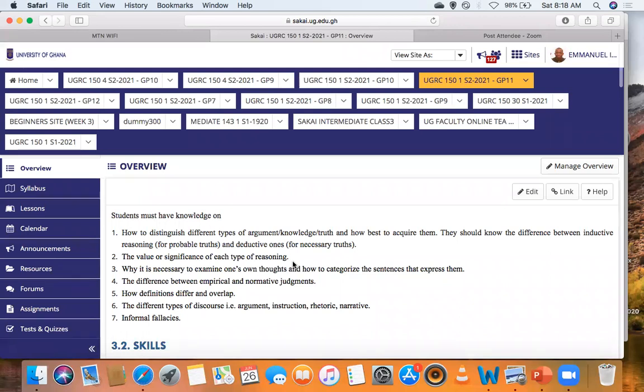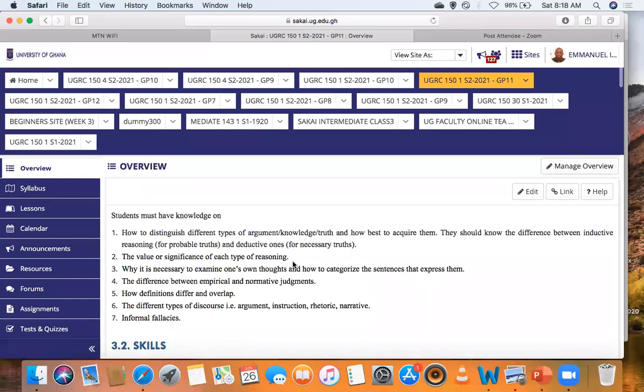So, when we are dealing with language, we pay particular attention to definitions. Now, definitions are designed to provide information about meaning.